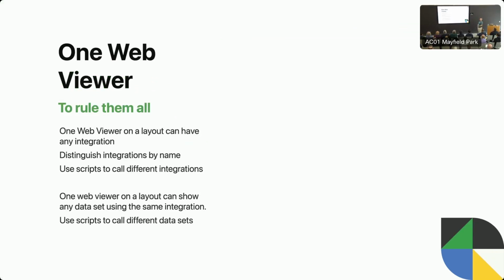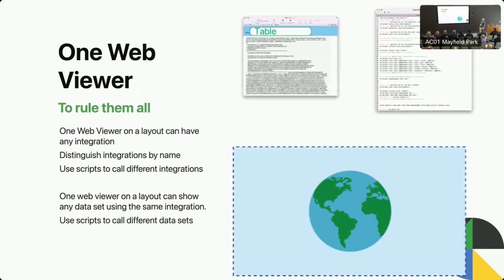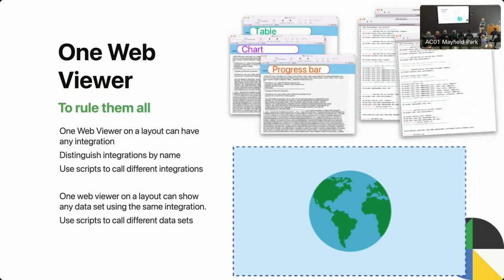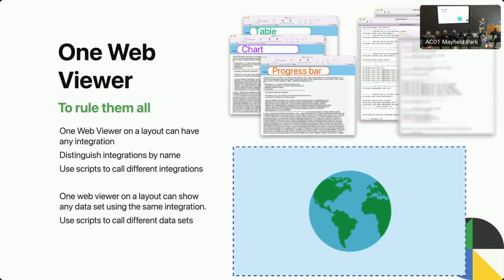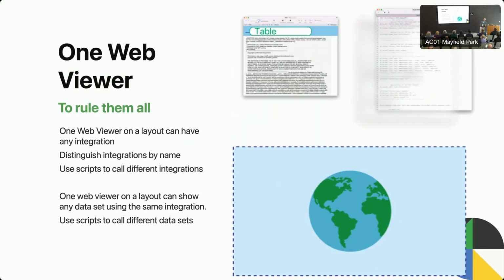Here's another way that the web viewer is flexible, giving us the ability to put it anywhere. We can take one web viewer and use a lot of different widgets. We can use scripts to say, I want this widget to go into the web viewer. And then sometime later, with the same web viewer, I want this script to grab this widget and push it into the web viewer.